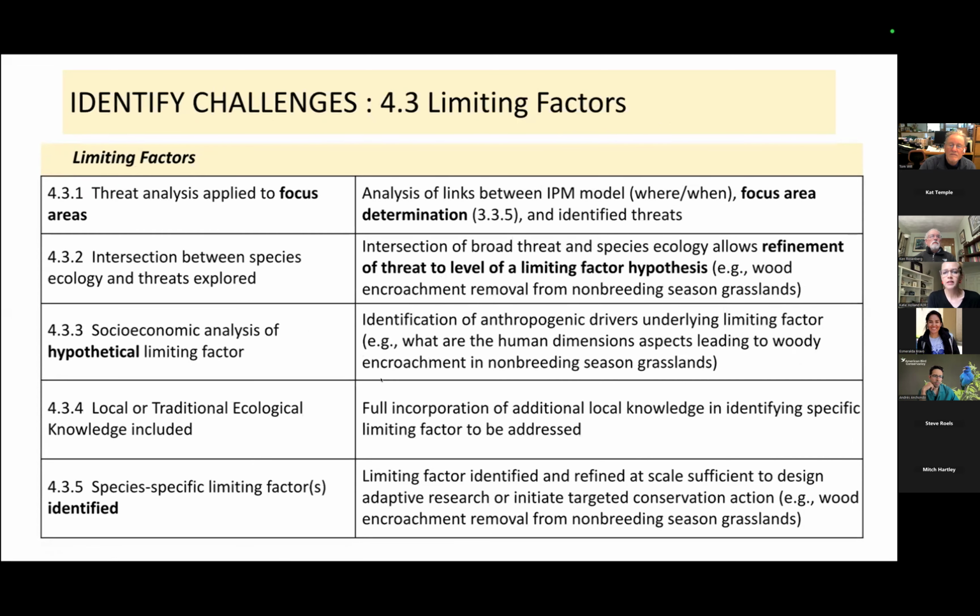So when you get to the point of feeling good enough about identifying this limiting factor for the species to be ready to try some conservation action, that doesn't mean starting from the ground independently as a species working group, but ideally tying in to conservation work that's happening and saying, we've identified that this could be tweaked and it could have a big impact on this bird species within your existing efforts to address this threat. Or, could this campaign expand to include X and Y in addition to Z?